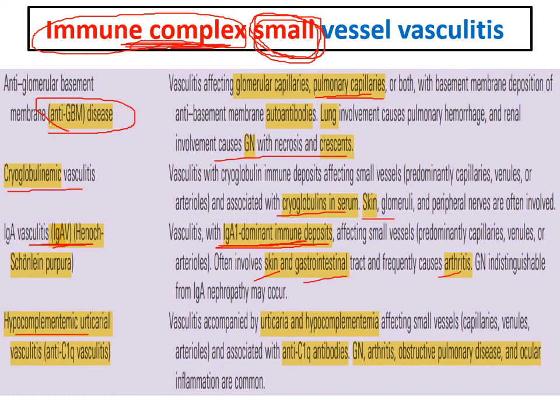There is also what is called hypocomplementemic urticarial vasculitis or anti-C1q vasculitis. It's characterized by urticaria and decreased complement and is usually associated with anti-C1q antibodies. There is usually glomerulonephritis, arthritis, obstructive pulmonary disease, and ocular manifestations in patients with anti-C1q vasculitis.